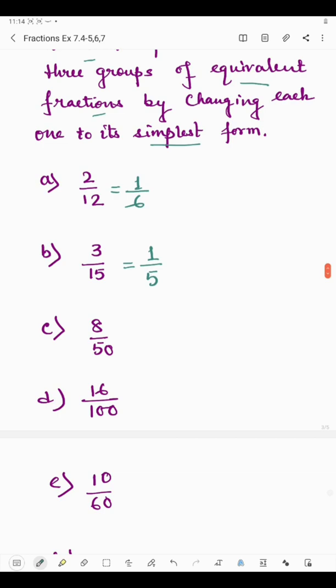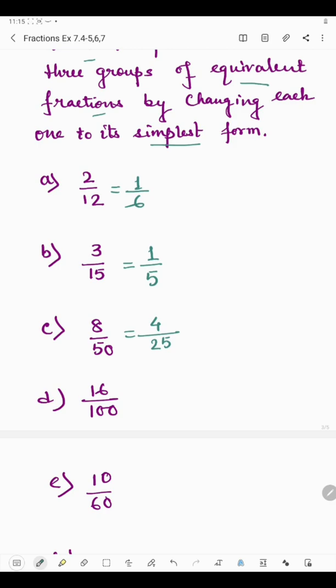Okay, now coming to next, we have 8 by 50. So 8 and 50 both come in 2's table. So 2 4s are 8, 2 25s are 50. So when you divide numerator and denominator by 2, we will get 4 by 25.